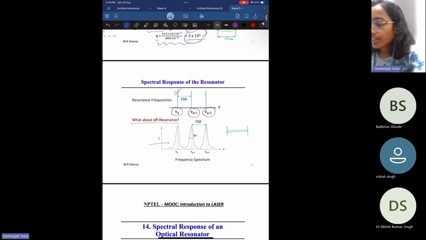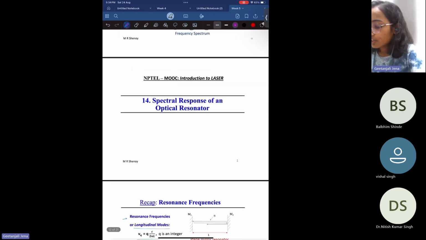But in addition, around the frequencies adjacent to the resonance frequency, you will see a spreading of the pattern. This spreading is because of the resonator loss. We will see what the resonator loss is in our next slide.